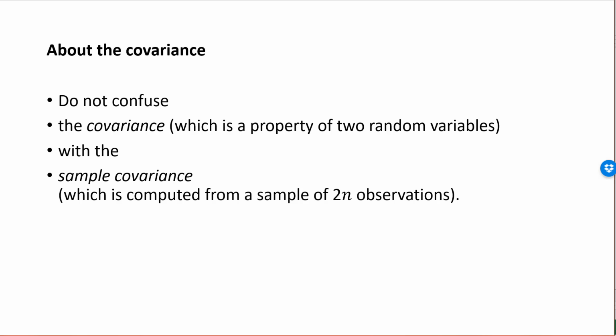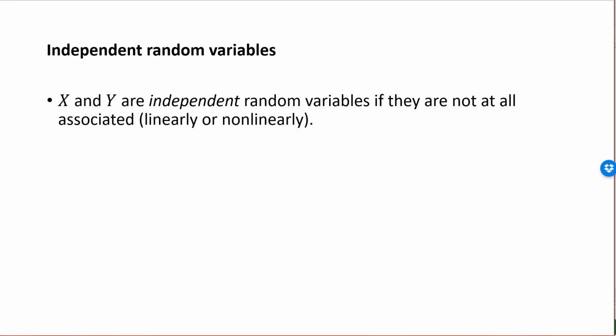Finally, let's talk about independence. So we're going to say that two random variables are independent if they are not at all associated. There is a mathematical definition of independence as well, but I'm not going to mention that in this lecture. So independent random variables basically means that they have nothing to do with each other.